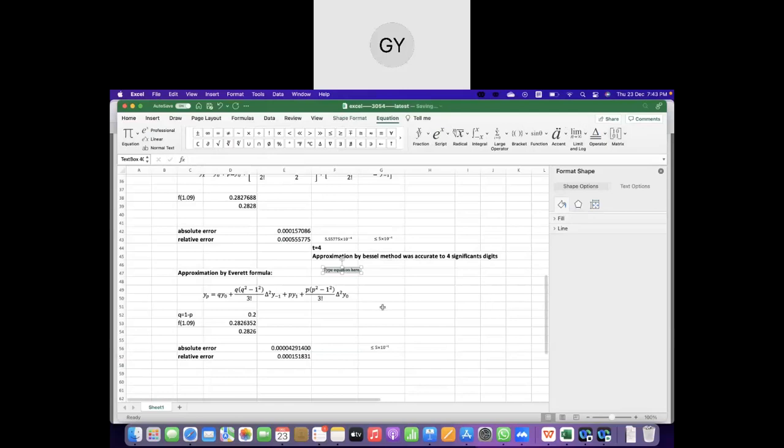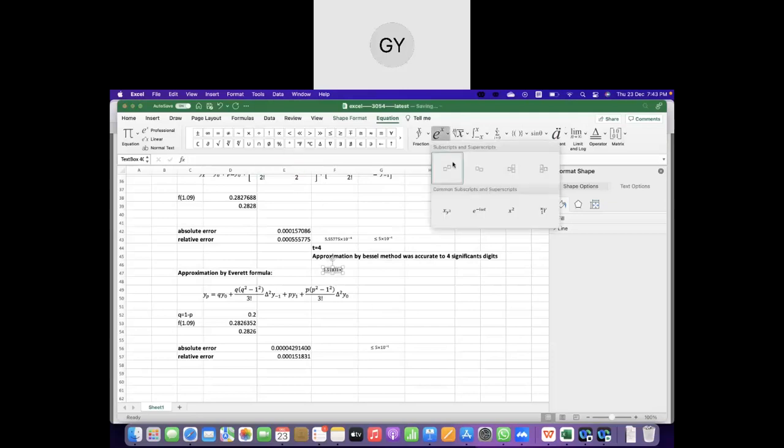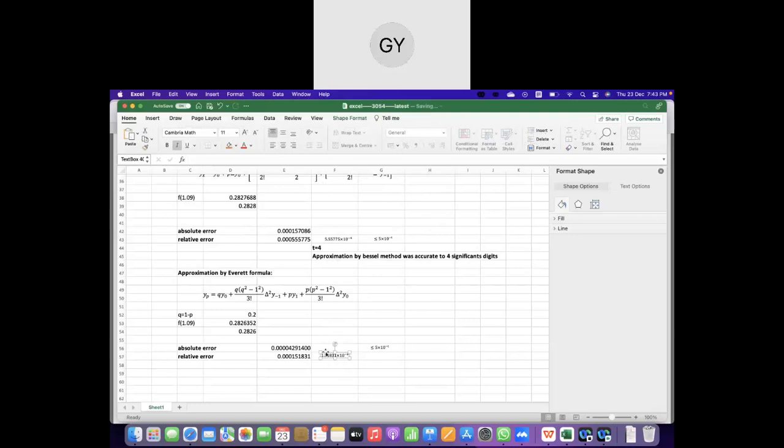Then we can write it like this: 1.51831 times 10 to the power of -4. This also compares with 5 times 10 to the power of -t, so t equals 4.